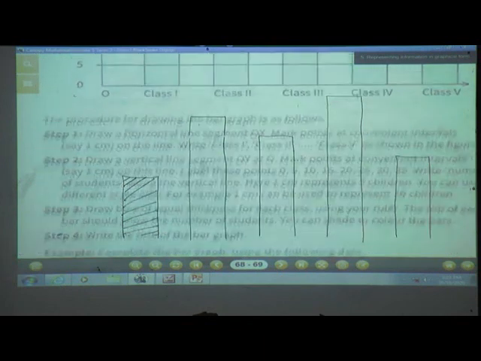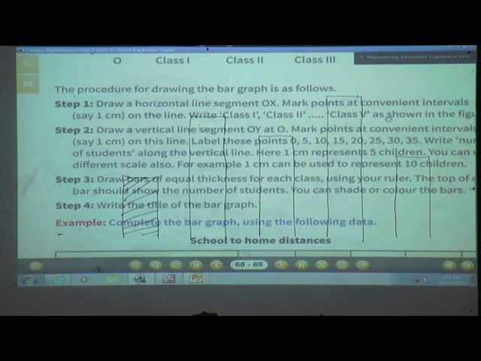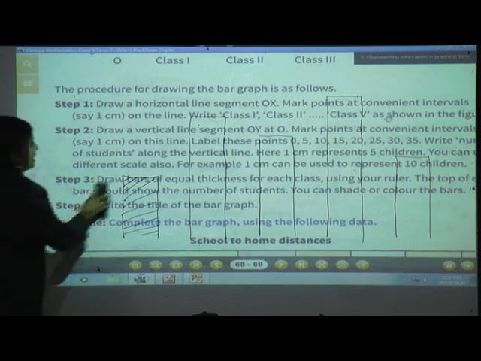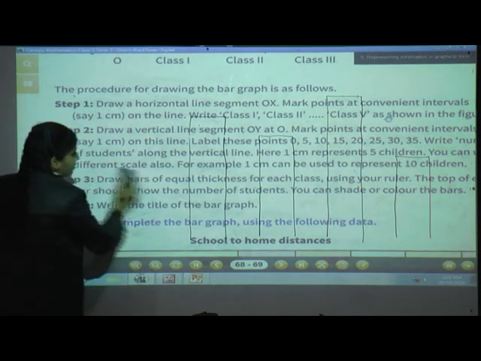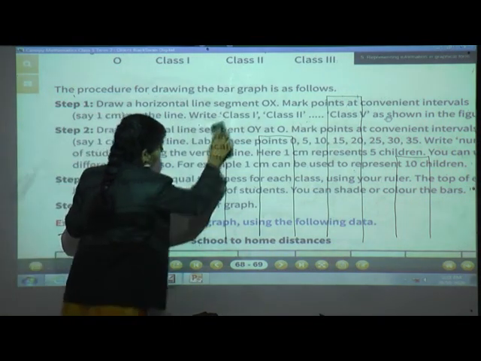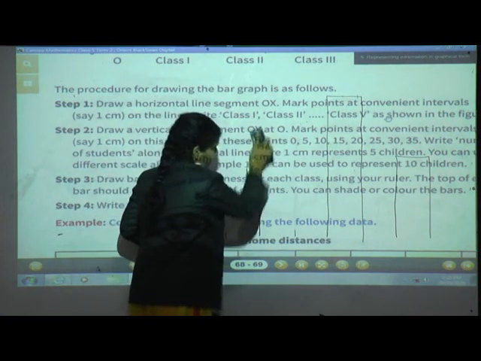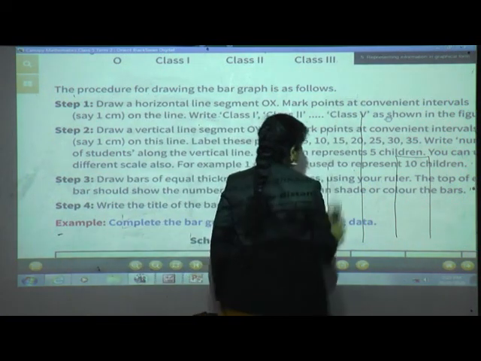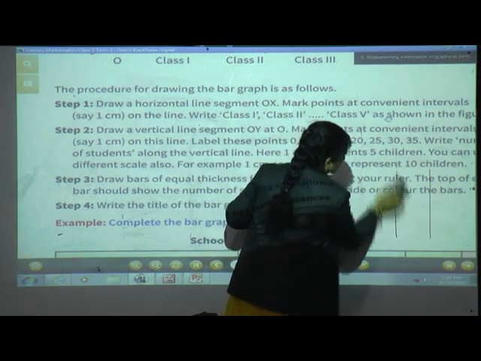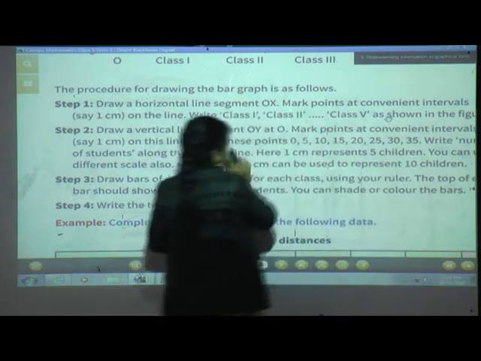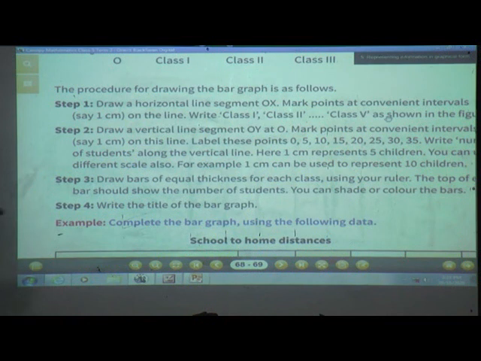See, read it carefully. The procedure for drawing the bar graph is as follows. How to draw the bar graph? They have given us the information. They have given here the procedure. Step 1.